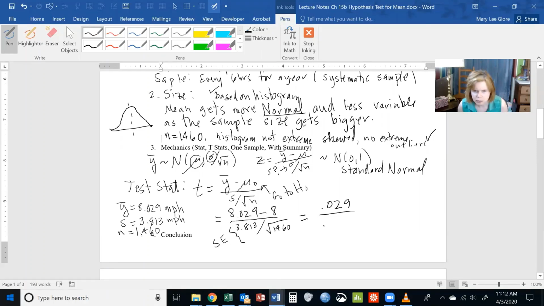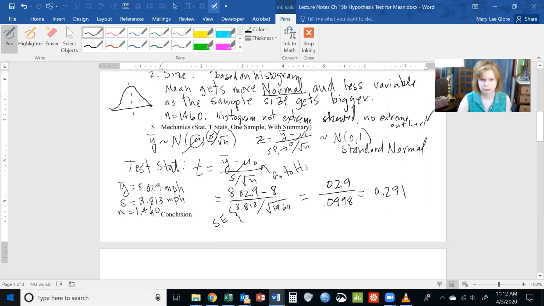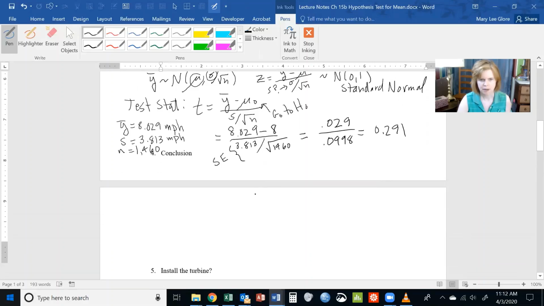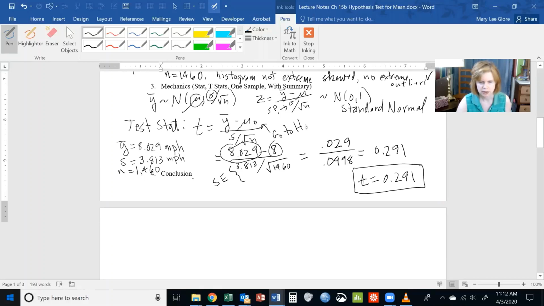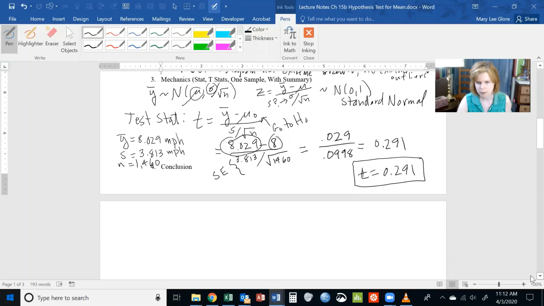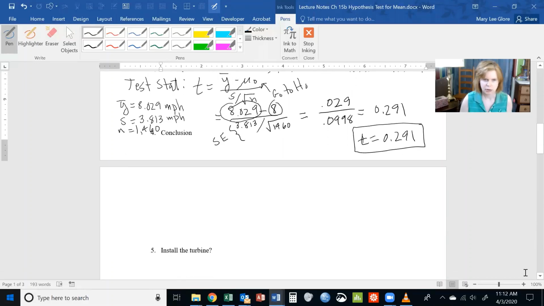This value is 0.0998, and my t ends up being 0.291. So there is my test statistic, T equals 0.291. That tells me how different my sample is from the 8, from what I'm trying to prove.